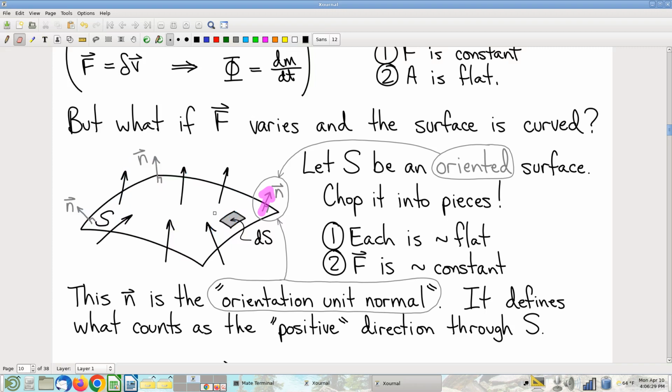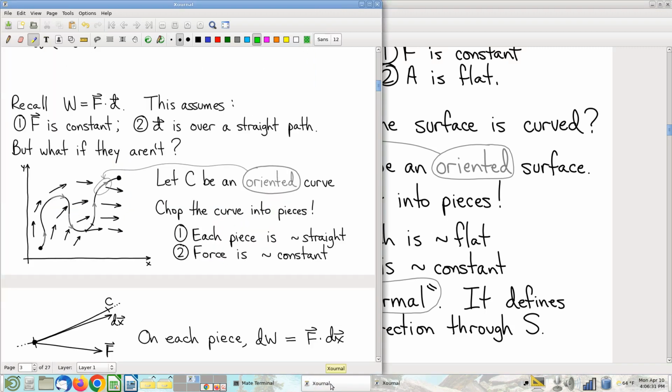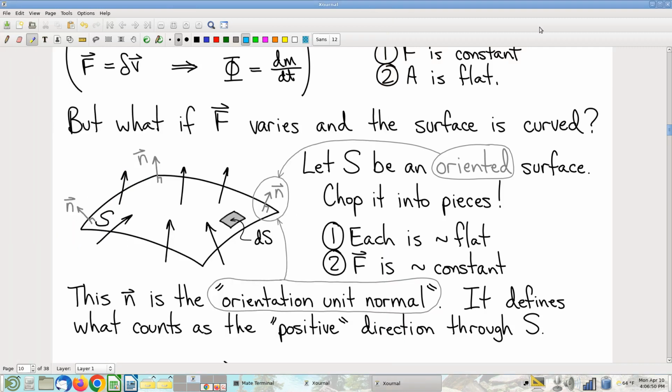Okay. So just like with curves, there's two different options, right? You can go that way along the curve, or you could go the other way along the curve. You've got two options, and we know from previous calculations you're going to get exact negative answers depending on which way you go. The same thing is true here.